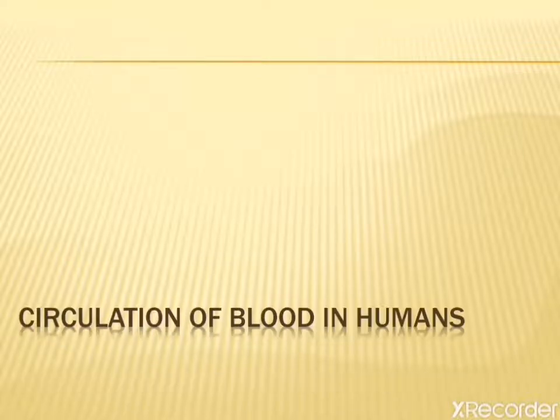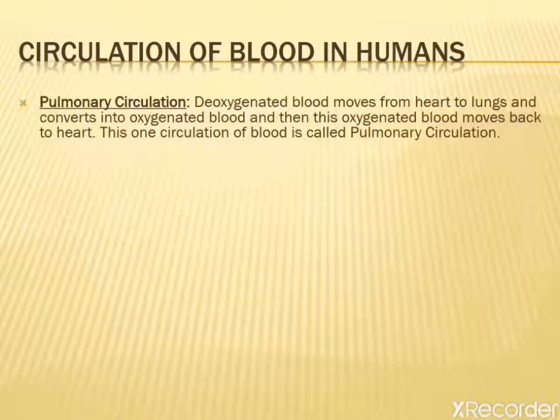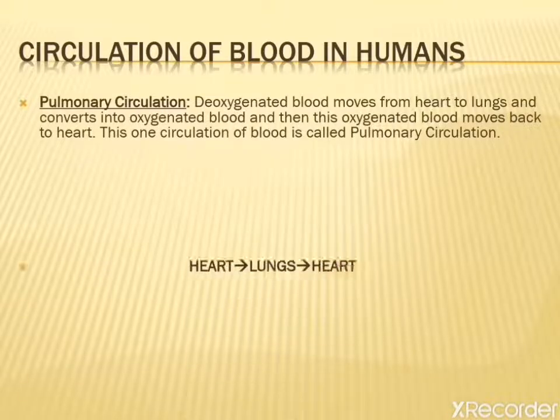Now, we will be studying about circulation of blood in humans. The circulation of blood in humans includes two types of circulation. The first one is pulmonary circulation. As the name suggests, pulmonary means lungs, meaning the blood is passed from heart to lungs and from lungs back to heart.